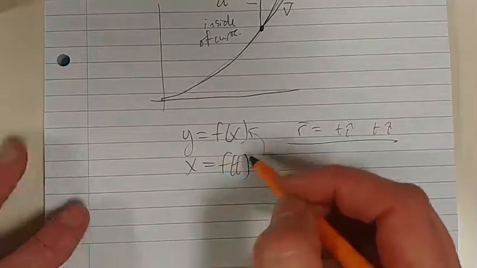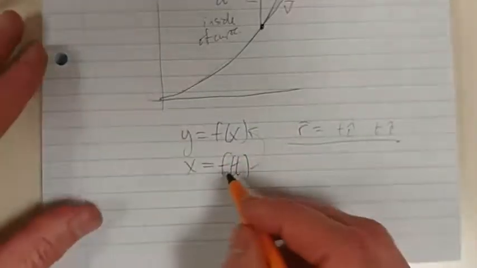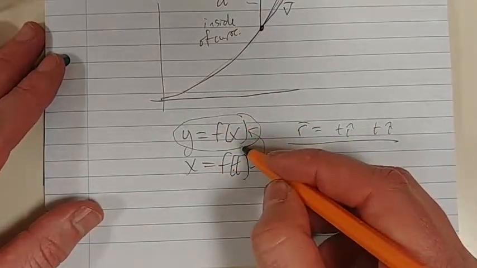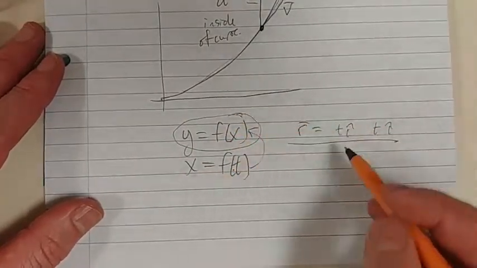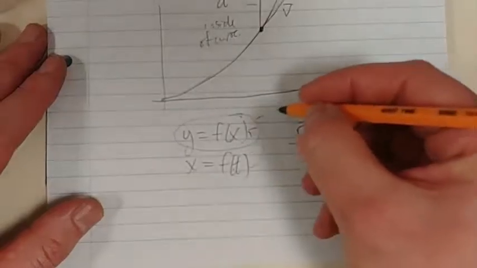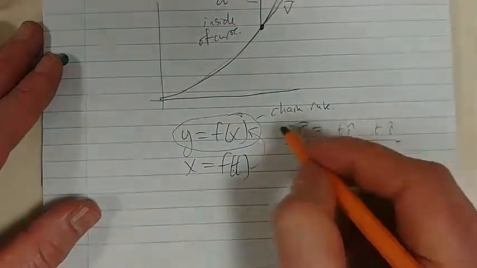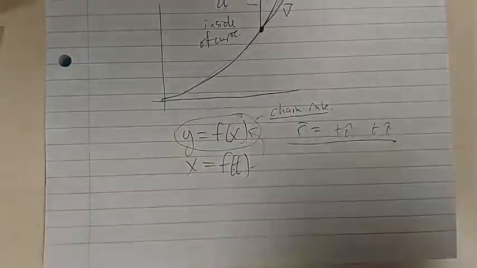But there are problems where we do not have x as a function of time. We only have y as a function of x. And so what that means is we need to carry out the chain rule. So make sure that you revise the chain rule. Okay, cheers guys.